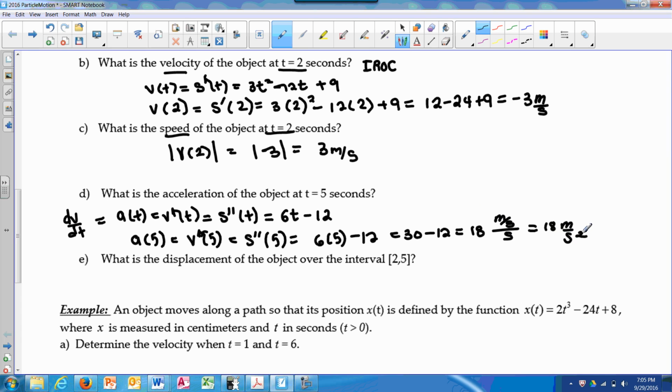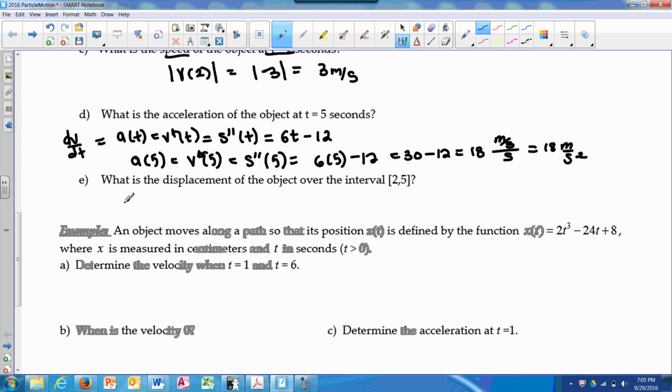Okay, the next question says, what is the velocity of the object at 2 seconds? The velocity at 2 seconds is the instantaneous rate of change. So we find the velocity at a particular time by taking the derivative of position at any time.